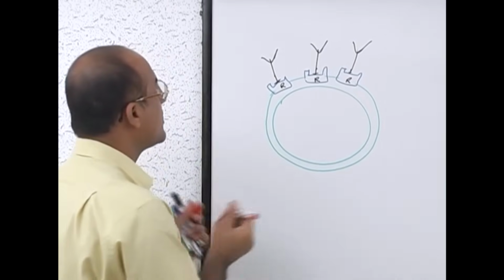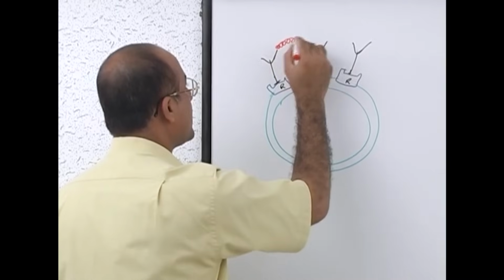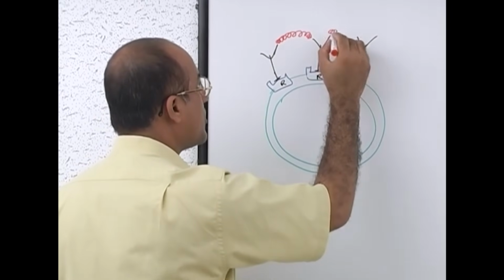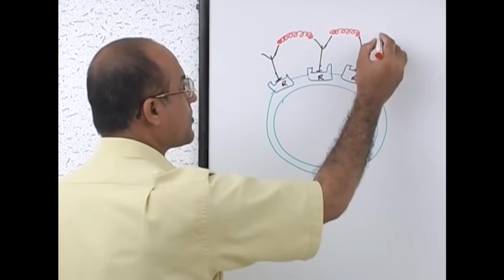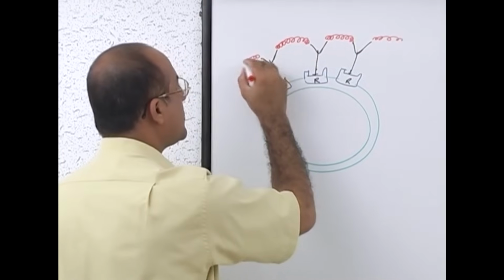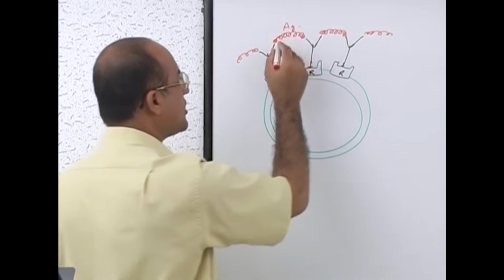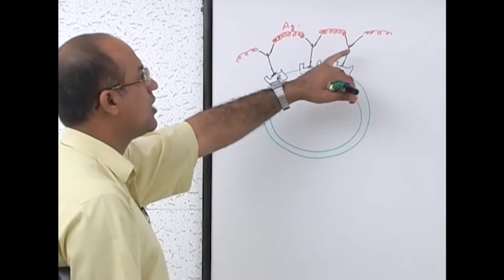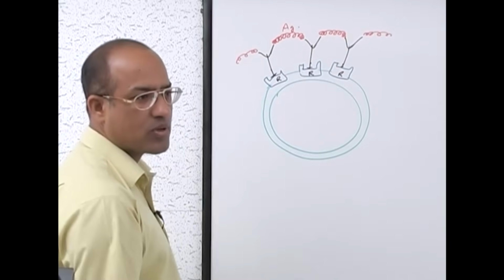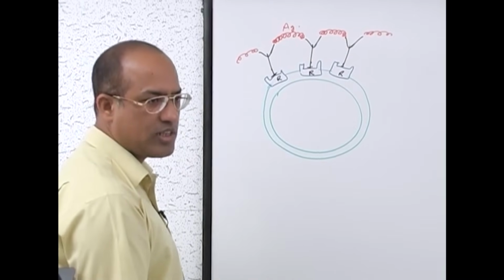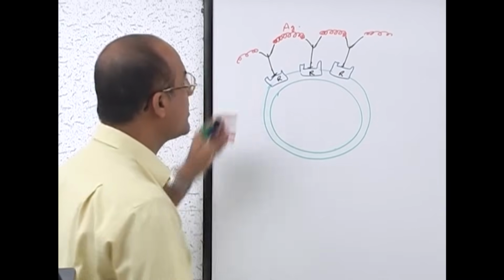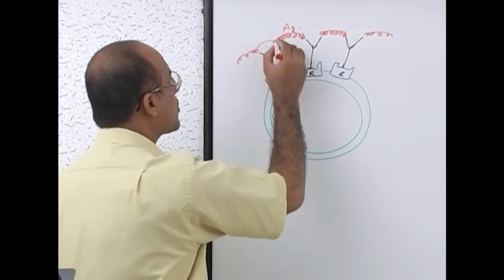Now here is the antigenic domain of the pollen grain, and this is the allergen or antigen. This is a polyvalent antigen which reacts with multiple IgEs on the surface of the mast cells, and these are now cross-linked.